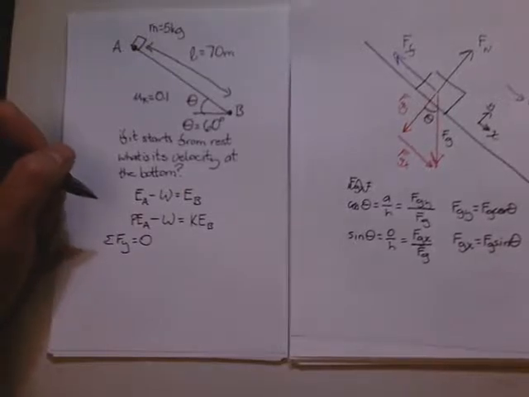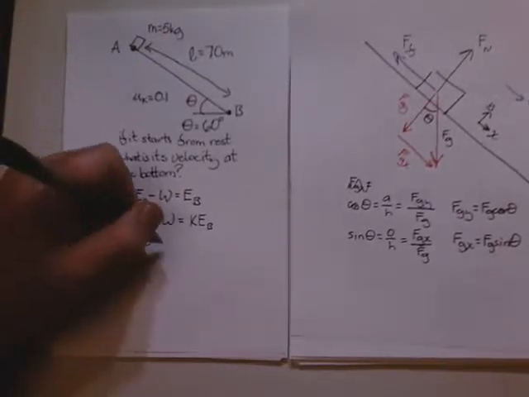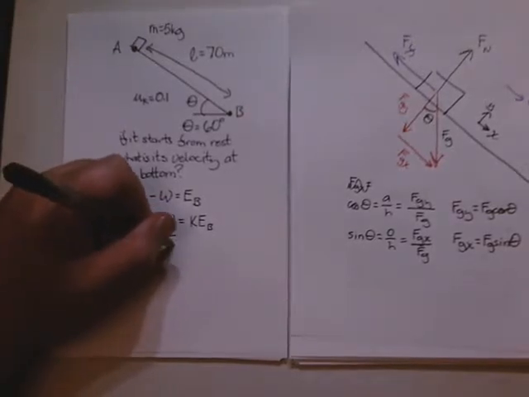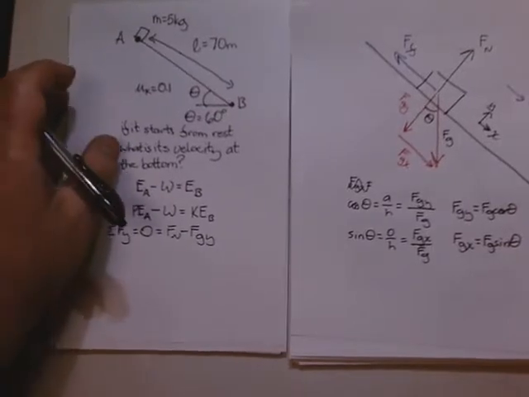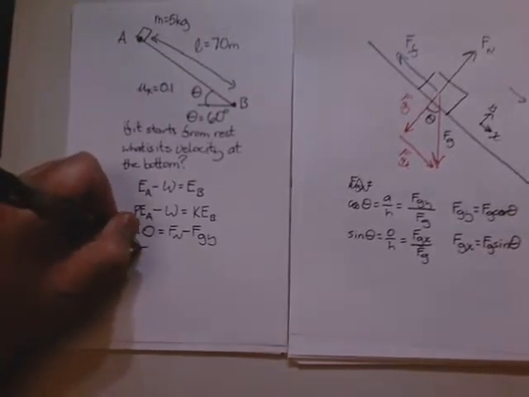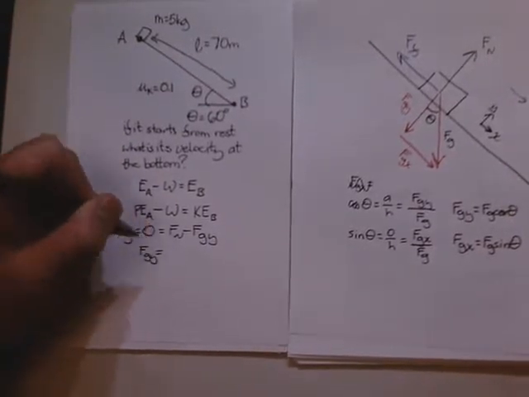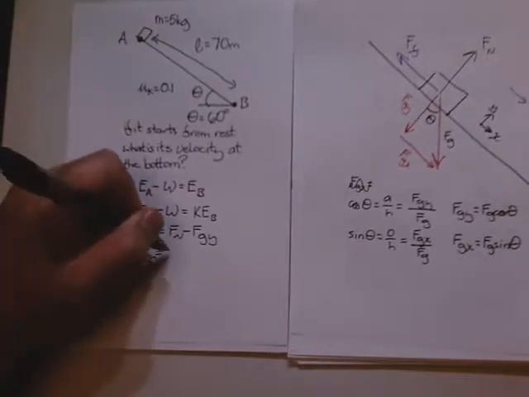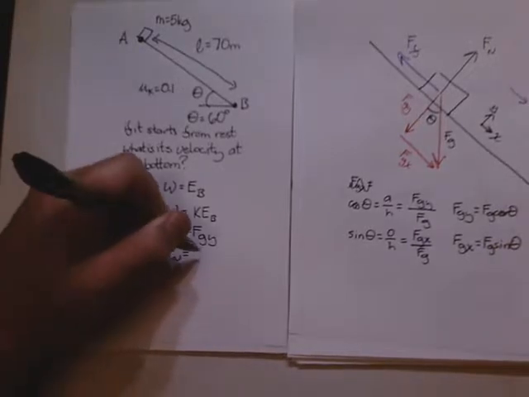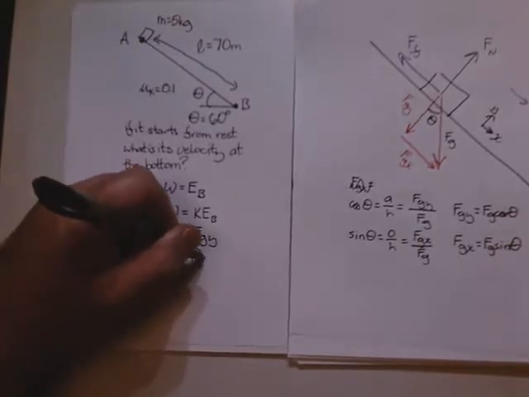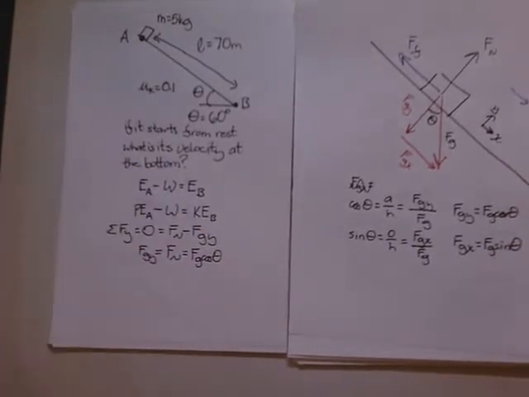It's not flying off, it's not penetrating the surface. We're good to go. So now, this is Fn minus Fgy equals 0, so Fn is equal to Fgy, and Fgy is Fg cos theta.